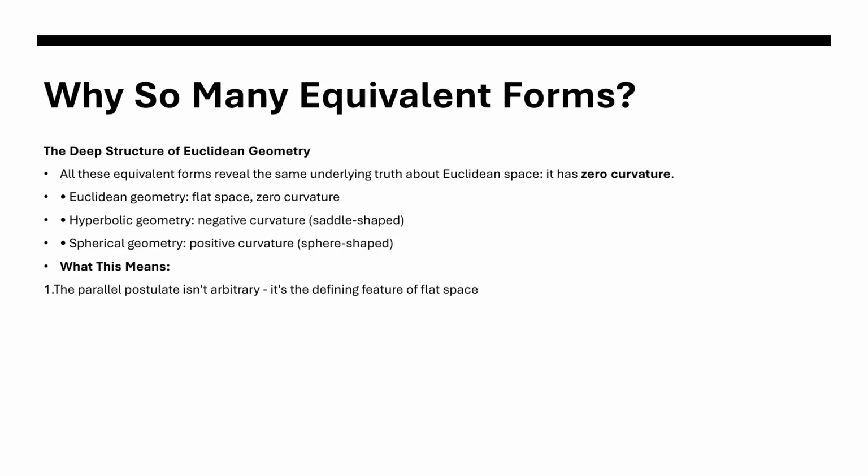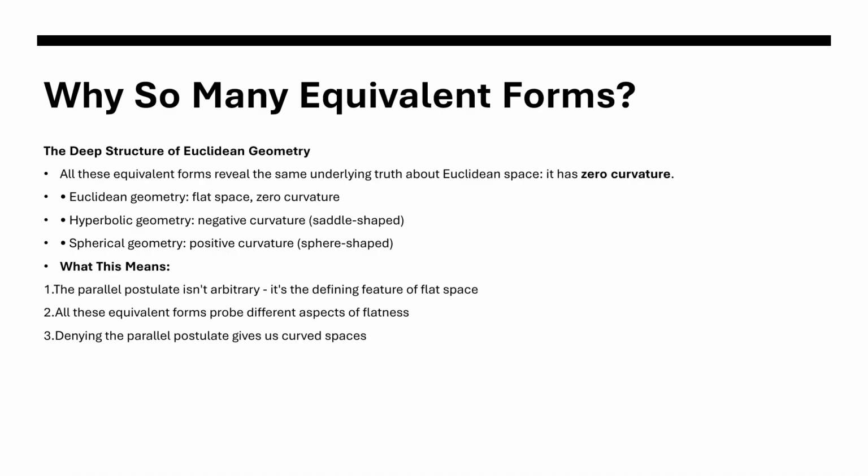The Pythagorean theorem is only exact in flat space. So they're all saying space is flat in different ways. All these equivalent forms prove different aspects of flatness. Denying the parallel postulate gives us curved surfaces or curved spaces, and neutral geometry is the core shared by all geometries.